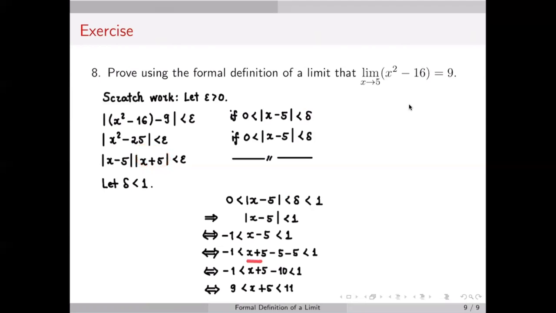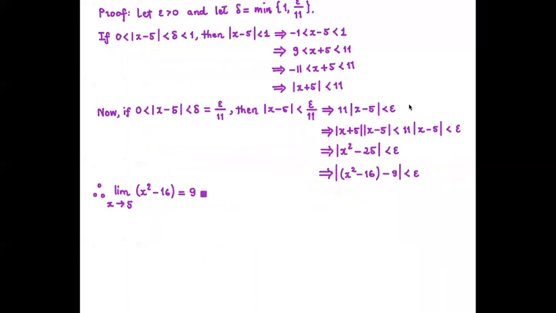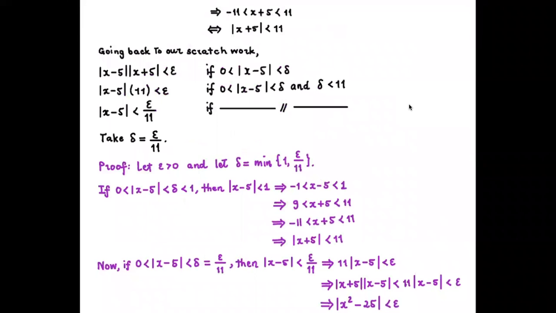So we add 10 to get x plus 5 minus 10 is between negative 1 and 1. Transposing 10 to both sides, we get here x plus 5 is between 9 and 11. So we choose here 11. And so x plus 5 is between negative 11 and 11. So absolute value of x plus 5 is less than 11.